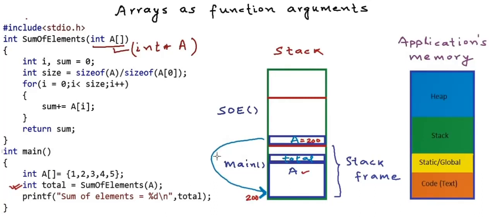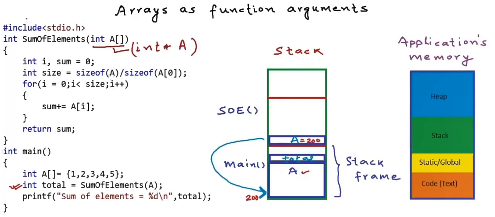Arrays always are passed as reference parameters, and this makes a lot of sense because arrays can be really large in size, so it does not make much sense to create a new copy of the array each time. It is unnecessarily using a lot of memory.